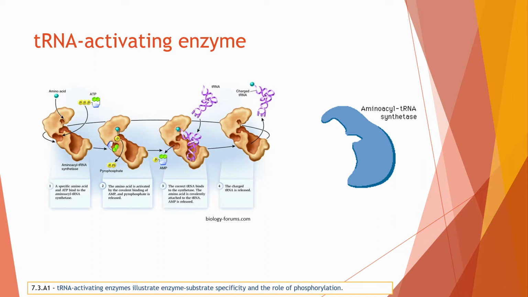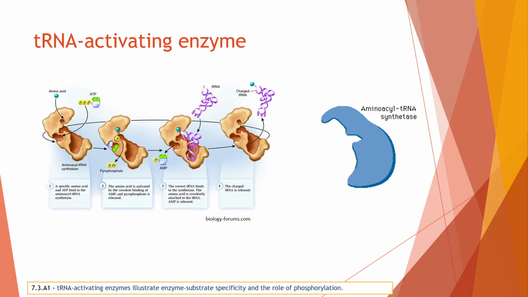Each tRNA with each amino acid will have its own activating enzyme, which is specific enough to recognize this particular amino acid and this particular anticodon of the tRNA molecule, not to confuse them with other tRNA molecules or other amino acids. So this is a good reference to the idea of enzyme substrate specificity, right?